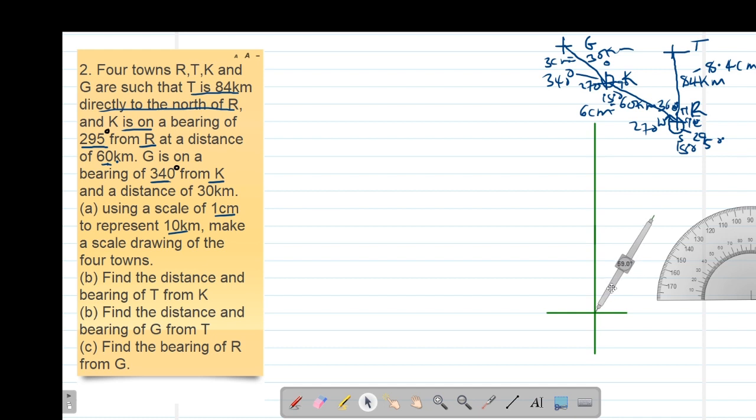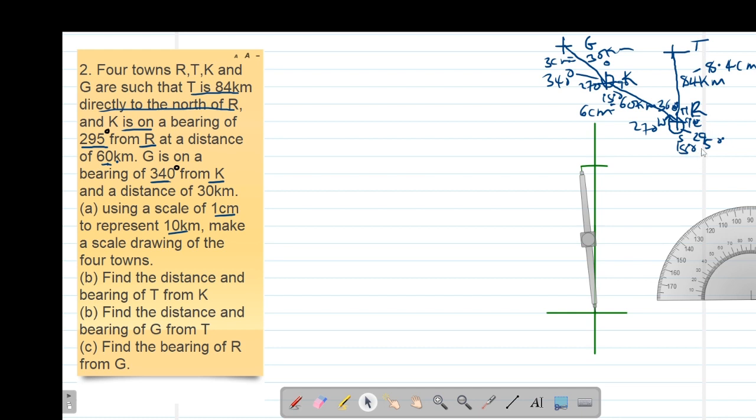Then we need 8.4 centimeters. So let me stretch it. So this is my 8.4 centimeters. For your case, you can measure it on a ruler. Then you simply transfer it. Then you make an arc. So this will be point T.